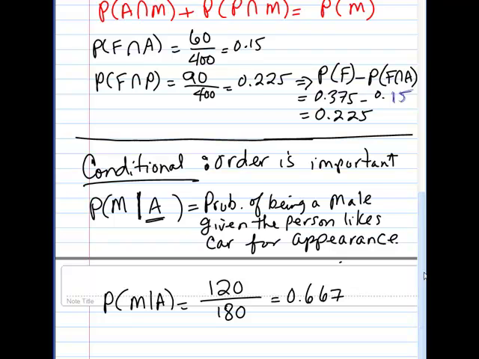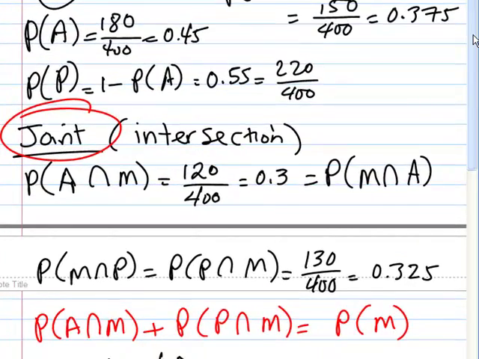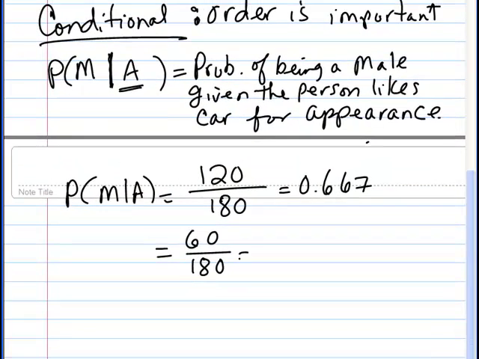So if we have 180 individuals who buy a car because of its appearance, and out of those 180, 120 of them are male, the balance, which is female, would give me the probability of being a female, given that you buy a car because of its appearance.